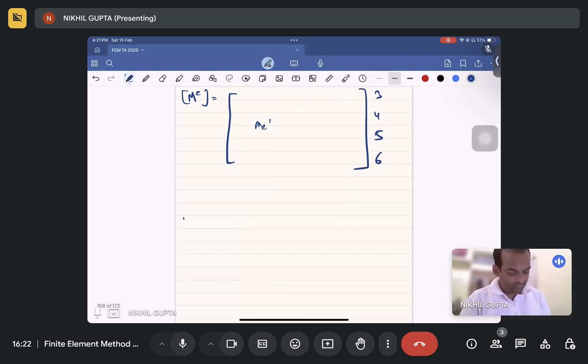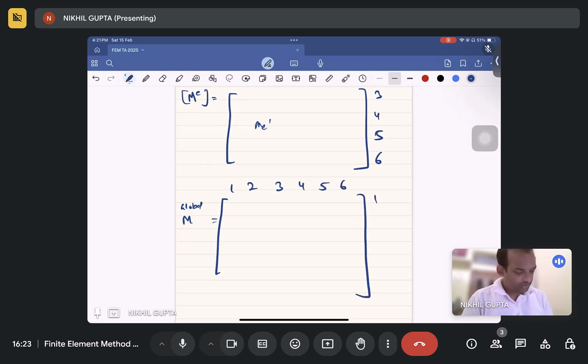So now you have to form the global m, which will correspond to 1 2 3 4 5 6, 1 2 3 4 5 6. So you know how to get the global stiffness matrix from the elemental matrices.